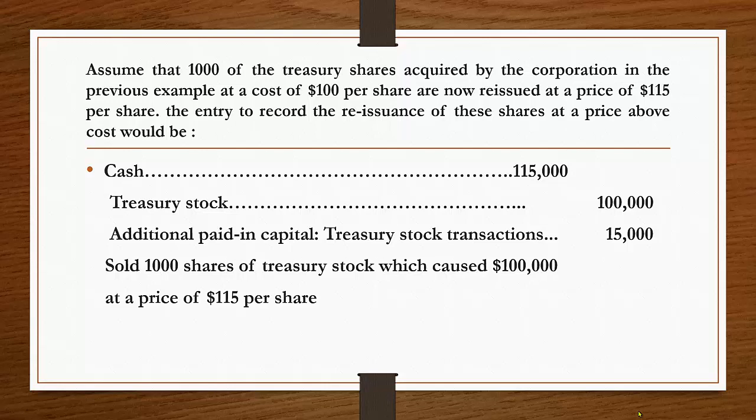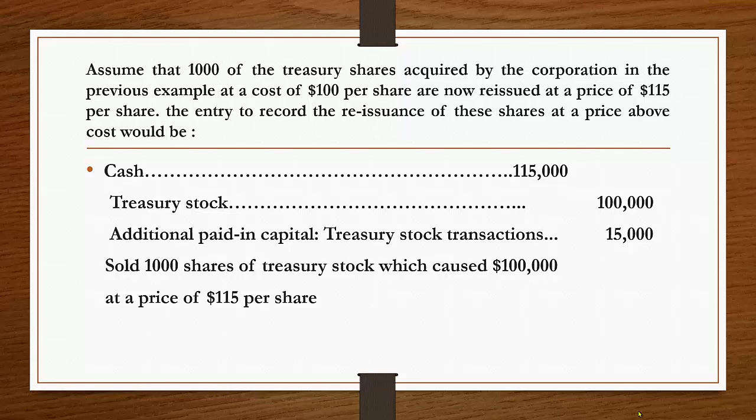The entry to record the reissuance of these shares at a price above cost would be first cash debit. Cash, since the company is reissuing 1,000 shares at a price of 115, so we can multiply 115 by 1,000, so it will give us 115,000.